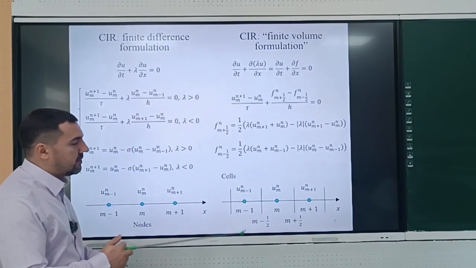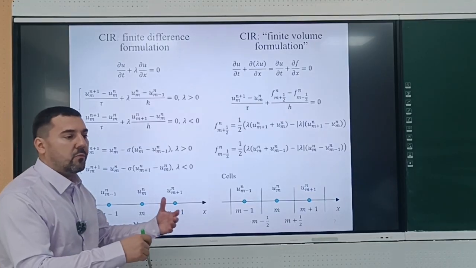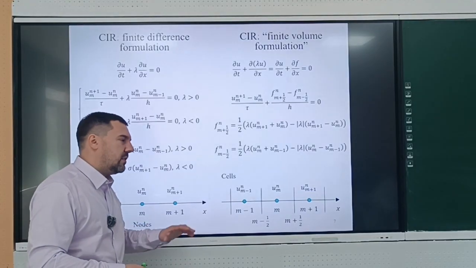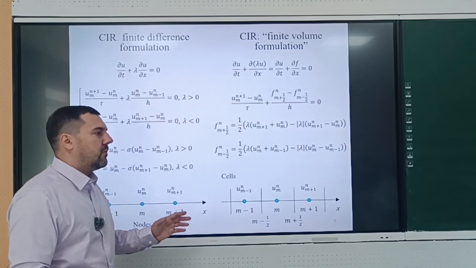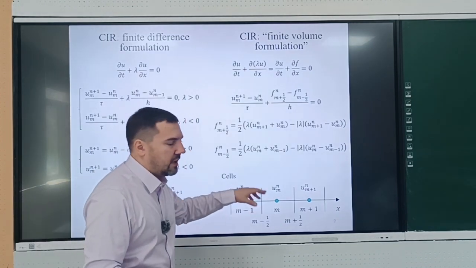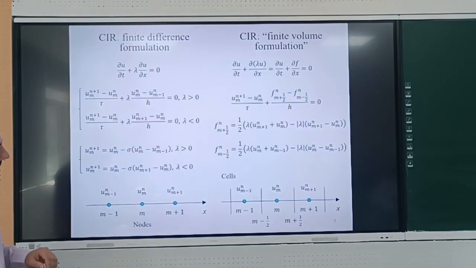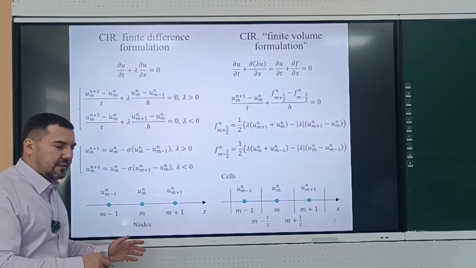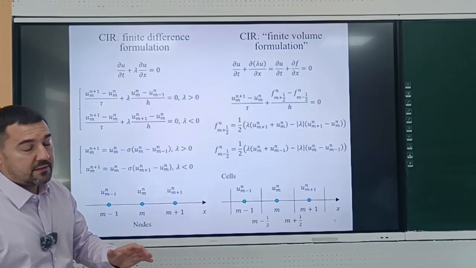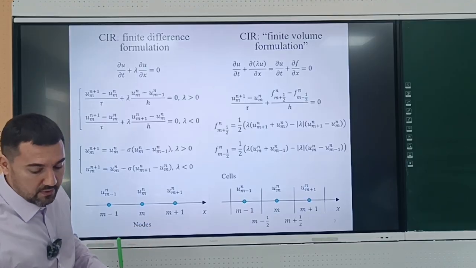The computational cells are also called control volumes or finite volumes. Strictly speaking, finite volumes need not be just computational cells; you can build schemes on other principles. But usually the computational cell is the same as the finite volume or control volume.